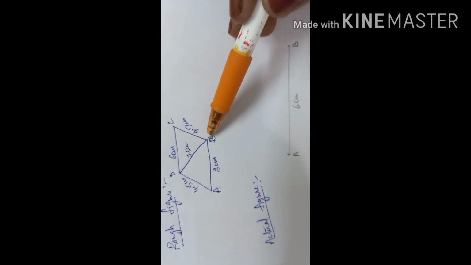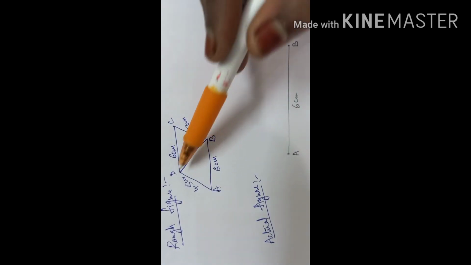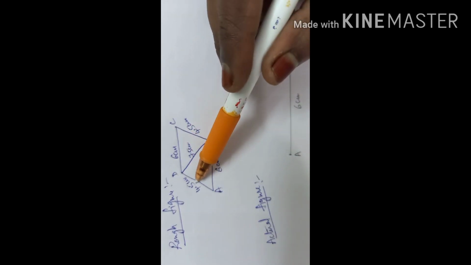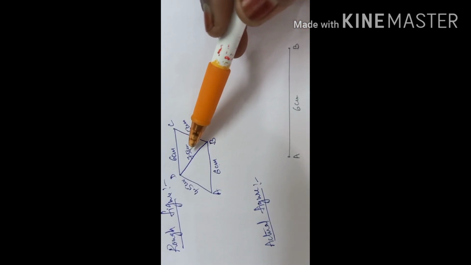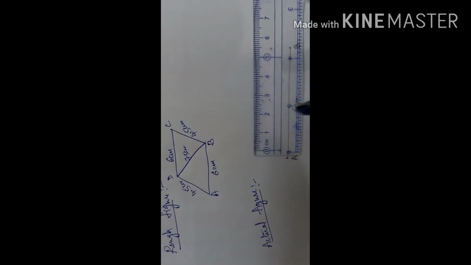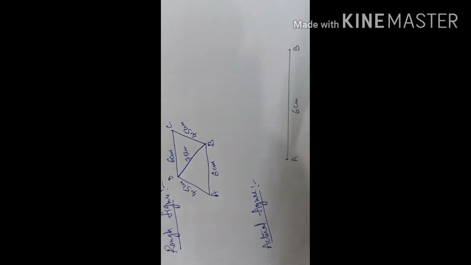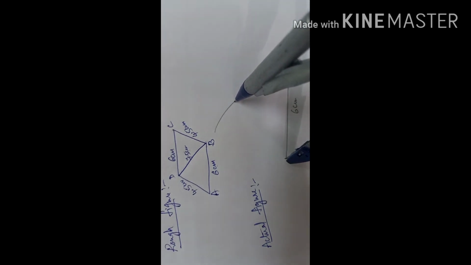Next, from AB we have to find the vertex. That means it forms a triangle. So from A, the D vertex is 4.5 centimeters distance. From B, it is 7.5 centimeters distance. So from A as center, draw an arc with 4.5 centimeters.